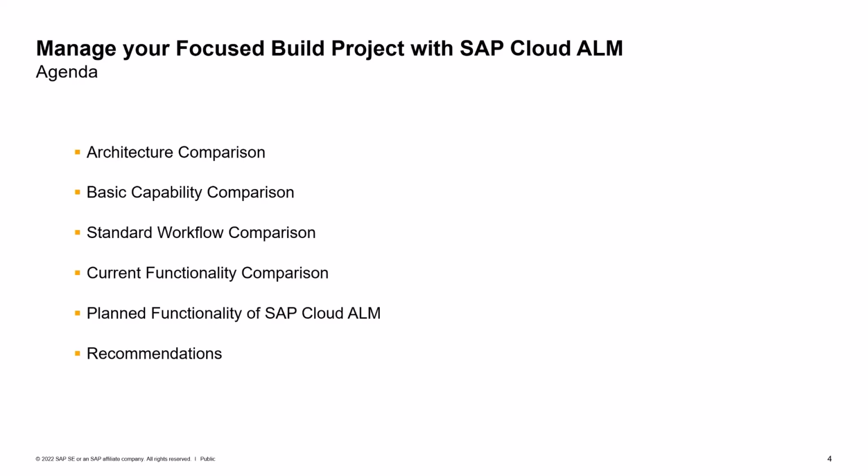And then we will see, okay, in SAP Cloud ALM there are still one or other gaps. And then in the next point, I explain when we plan to close those gaps. And based on that, I give some recommendations for the, let's say, 5 standard use cases when to use our project implementation functionality.